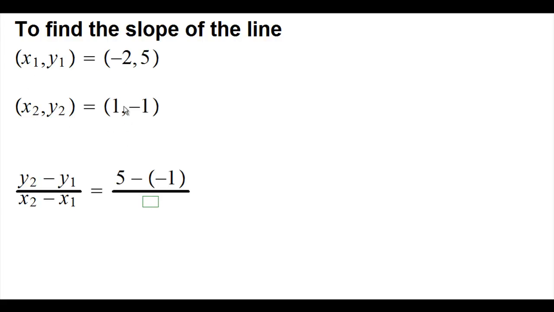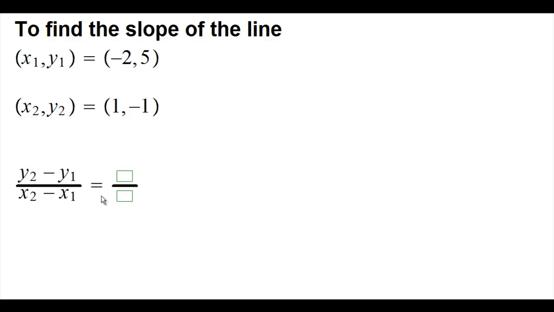I went in an opposite manner here, where we have to be cautious. I didn't do anything wrong, but let's first go the way we had in the past. So we are going to take y2 minus y1. So I have negative 1 minus 5 divided by 1 minus negative 2.